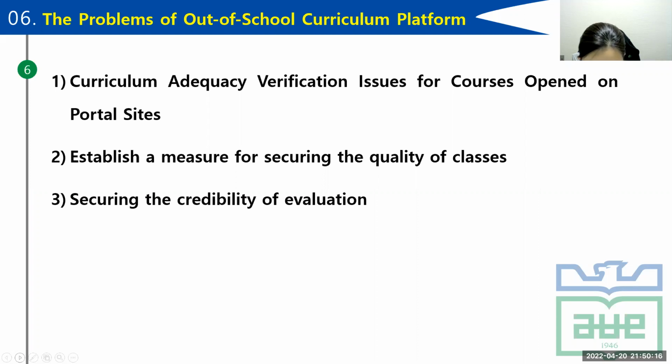In other words, it is necessary to make the education and training for the operating subject and the class instructors of the out-of-school curriculum mandatory within the scope of not hindering the autonomy of education, and encourage research meetings of instructors who are conducting similar classes to secure the quality of the class.